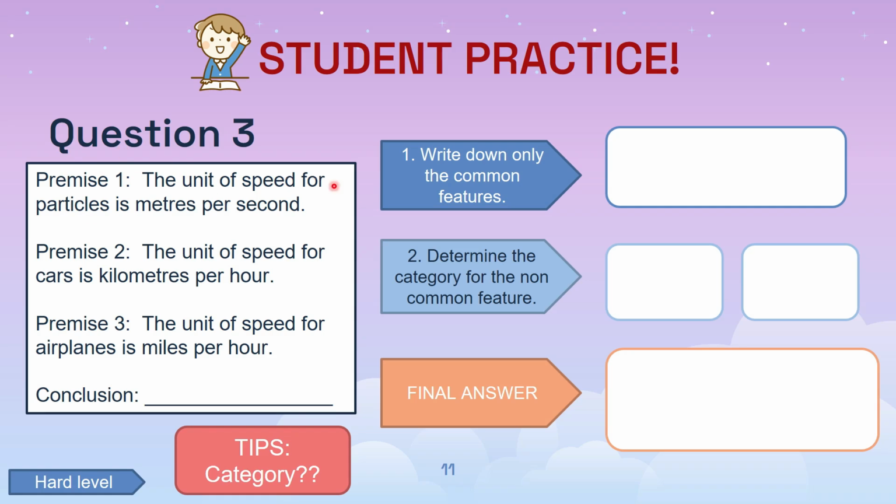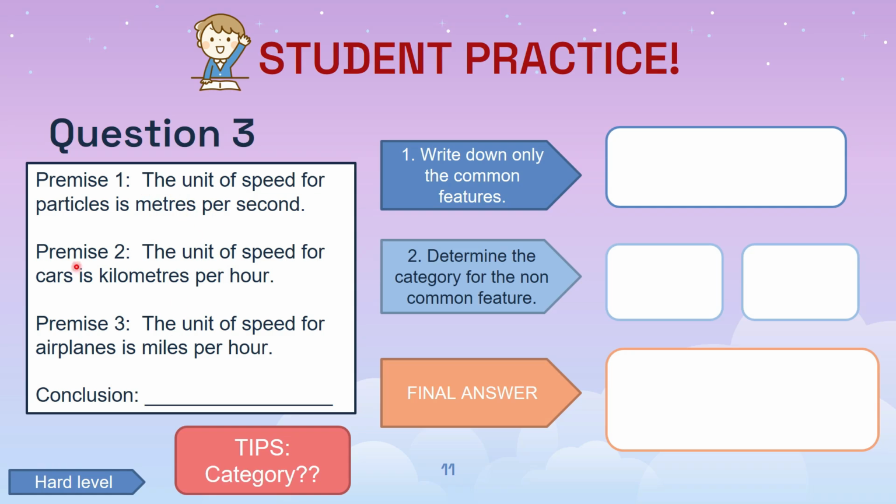The unit of speed for particles, the unit of speed of cars, and the unit of speed for airplanes. You must determine the category for particles, cars, and airplanes. You cannot say transportation because particle is not transportation, so you must make another category. The other common feature is meter, kilometer, and mile.